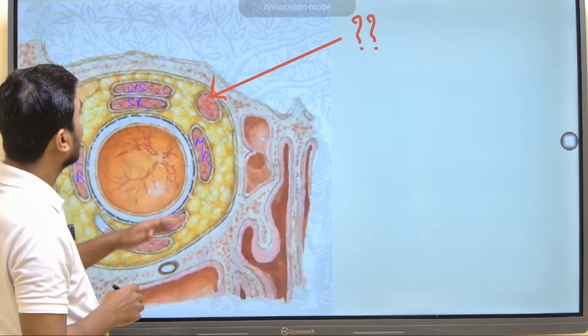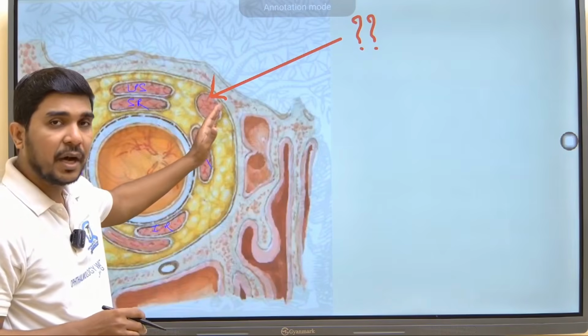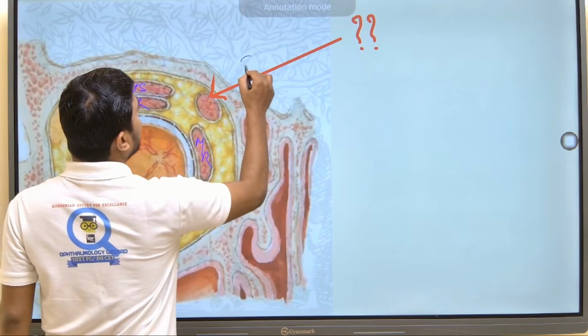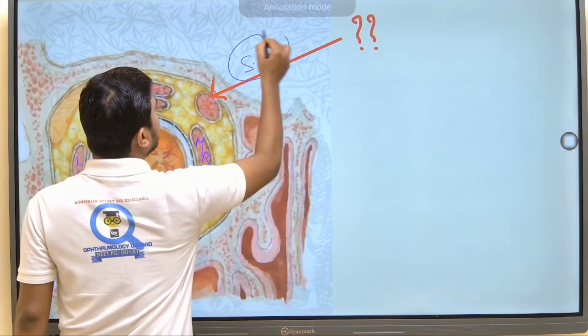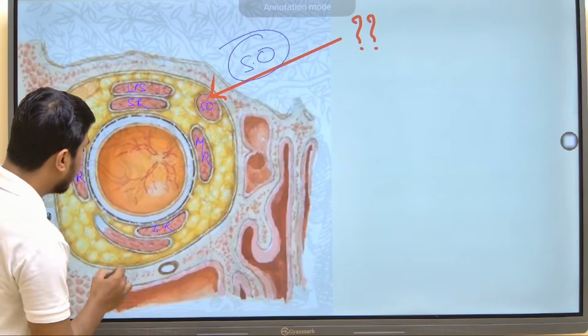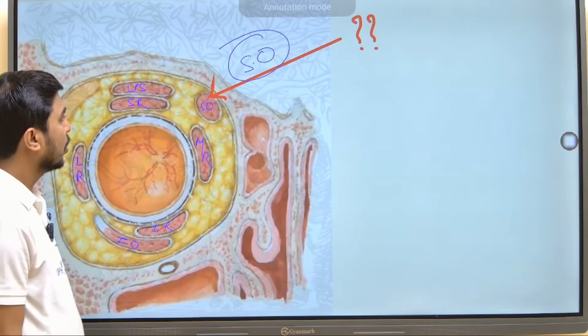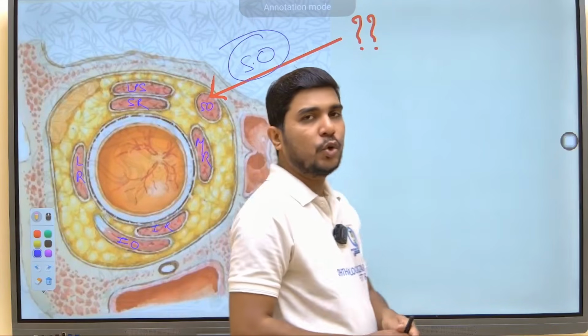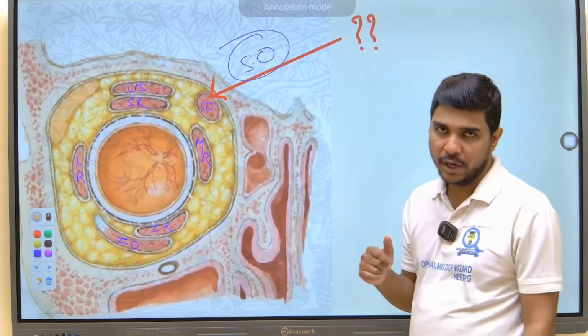Remember, this is nothing but the superior oblique muscle. So this is superior oblique. Automatically this will be the inferior oblique. So all those muscles, you know, are very important to understand.